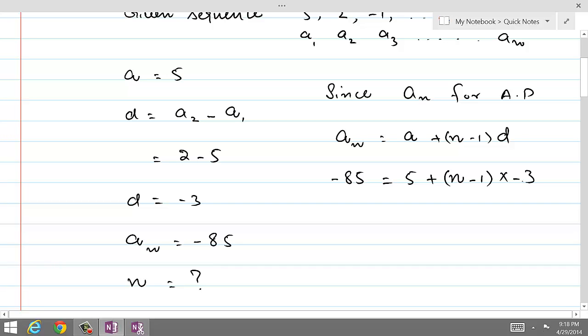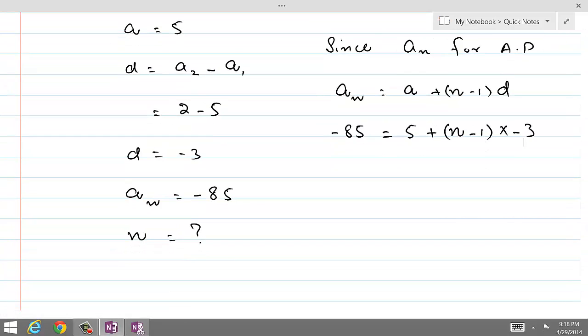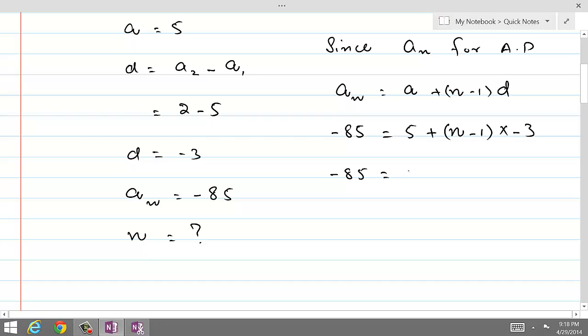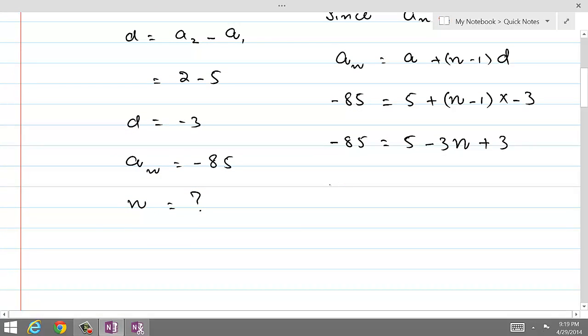Other than N, everything in the formula is known, and we can find this value. -85 equal to 5 minus 3n plus 3, because -3 when multiplied gives us -3n plus 3. So -85 equal to -3n plus 8, and now we can transfer all the terms independent of n to the other side of the equation.